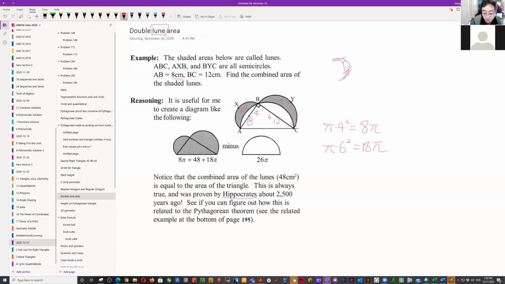36 pi is just, using the Pythagorean theorem, this is the hypotenuse of the right triangle with legs 8 and 12. 8 and 12, we don't calculate directly. We will write 4 multiplied by 2 and 4 multiplied by 3.